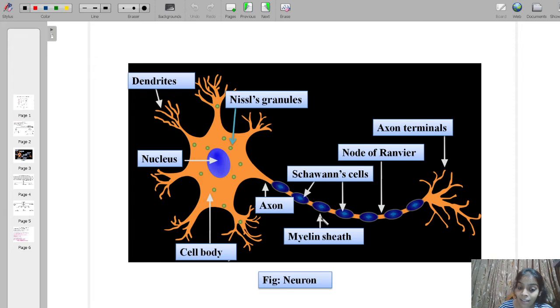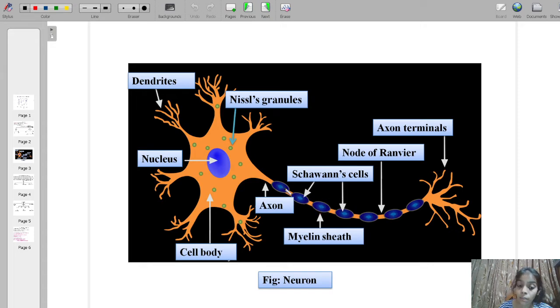Now axon is covered by the same cell membrane, but the name will change. The name will become axolemma. Cell membrane of axon is called axolemma. Within axolemma, the fluid passes, the matrix is there also, and the matrix will be called axoplasm. So within axon, the matrix that is present is axoplasm.